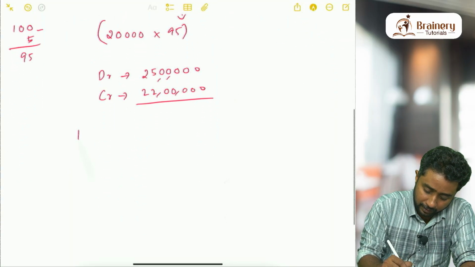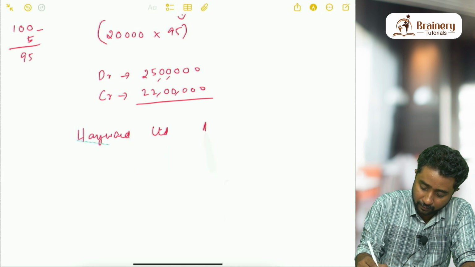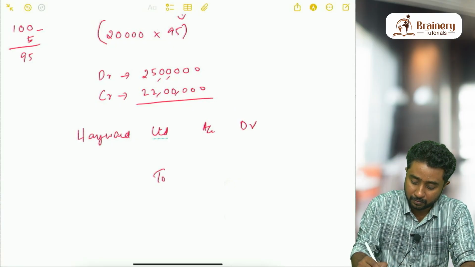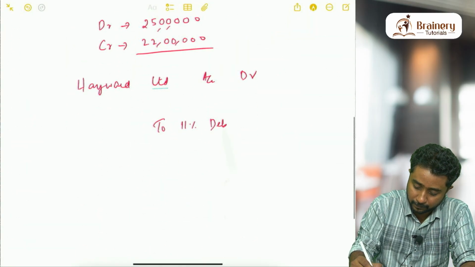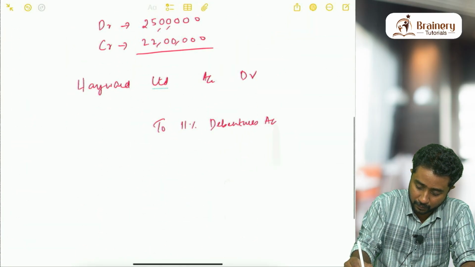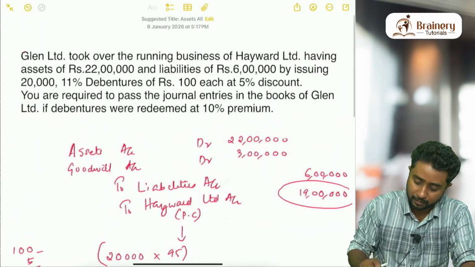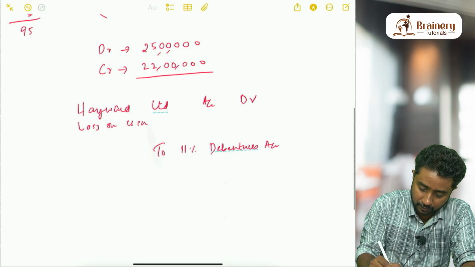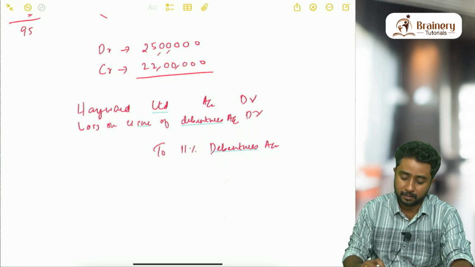Normally, when we give debentures to the vendor, the entry is: Hayward Limited account debit to 11% debentures account, and for the discount we usually mention loss on issue of debentures account.